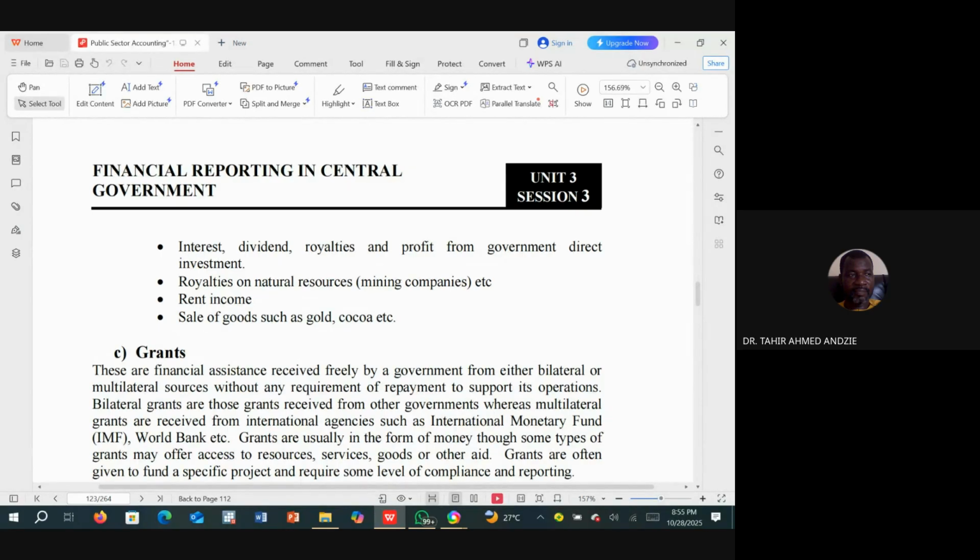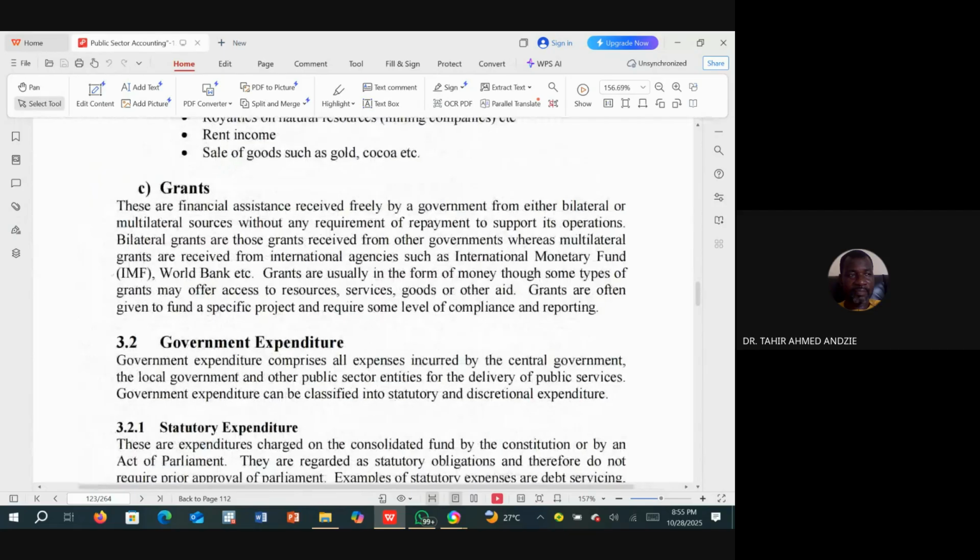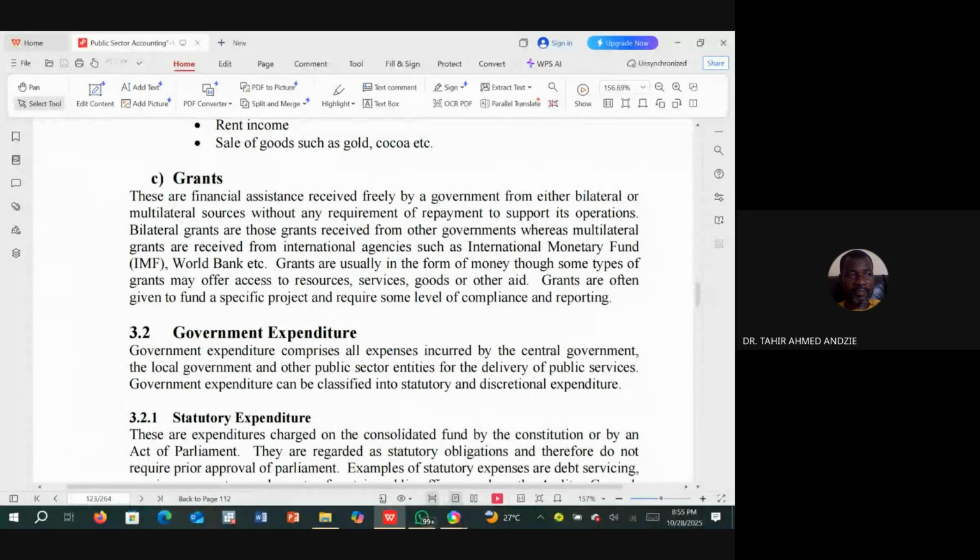Then the next one we are talking about is grants. Grant is also an example of government revenue. These are financial assistance received freely by a government from either bilateral or multilateral sources. When we say bilateral, we mean an agreement between Ghana and another country, so two countries. If, for example, China agreed to give us a grant of an amount to build our roads, that is revenue.